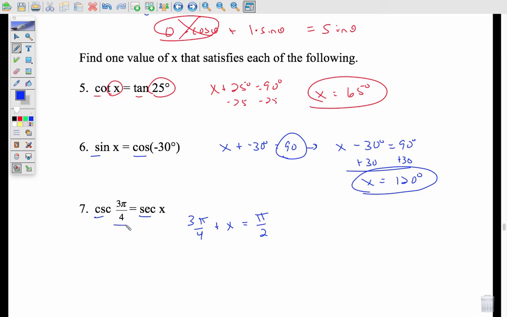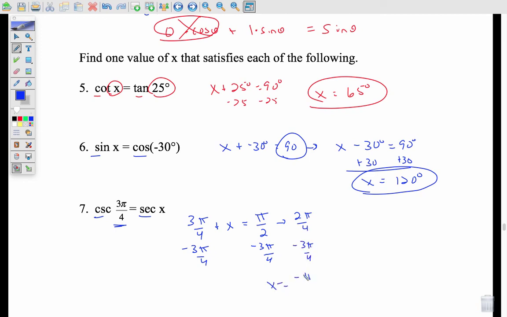Without making those conversions. If you want to change this to degrees and set it equal to 90, that would be fine as well. But in this case, because our information was given in radians, we'd like our answer in radians as well. So to solve for x, I'm going to subtract 3 pi over 4 from both sides.